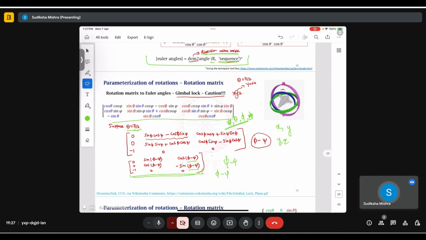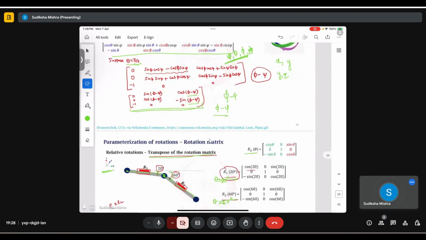So whatever degrees of freedom you had earlier depended on three angles, now it depends on only one of the terms. So the degrees of freedom decrease, and the system becomes slightly redundant. This is one of the problems that happens while using Euler angles, so one needs to be careful while using this.